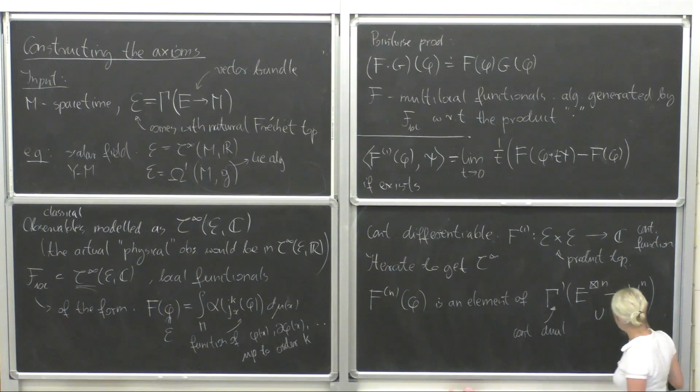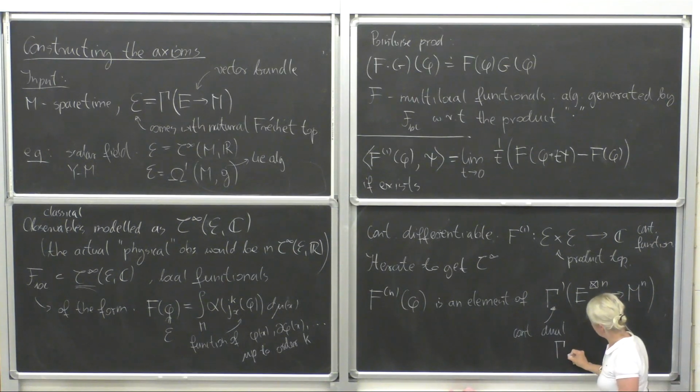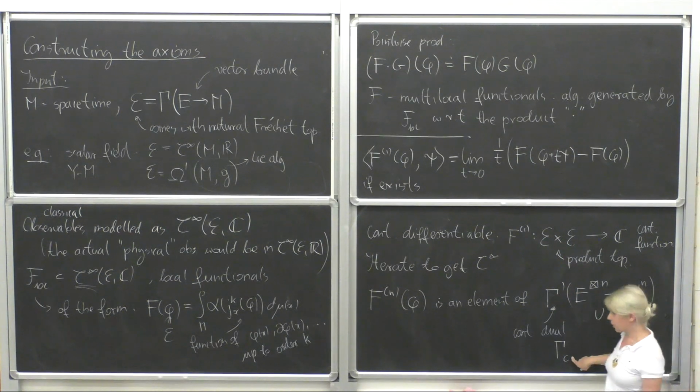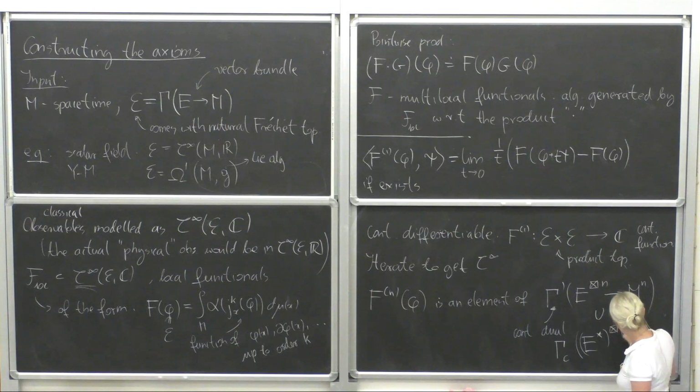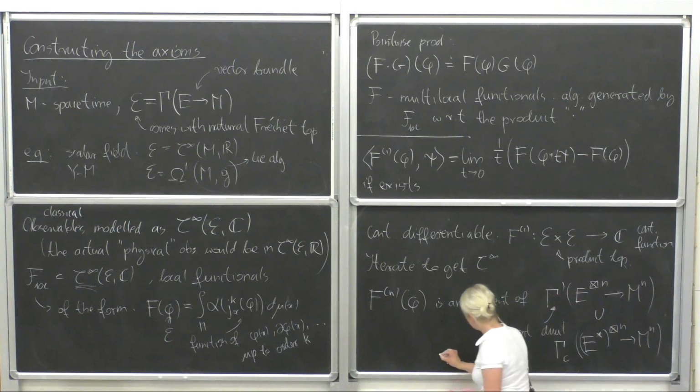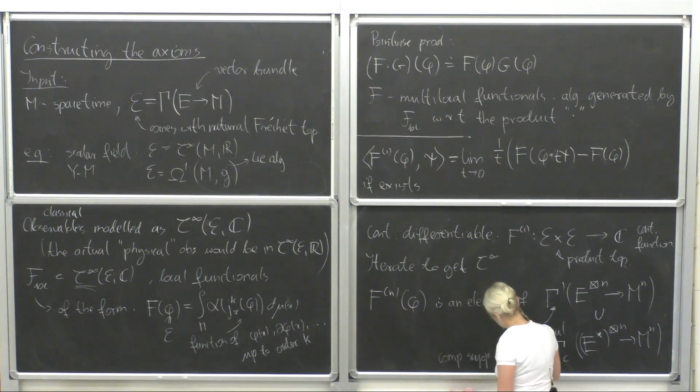So in this space, careful, this doesn't have support restrictions, so this has to have support restrictions: compactly supported sections of the dual over M^n. So there is an embedding of this space into that. So C means compactly supported sections.